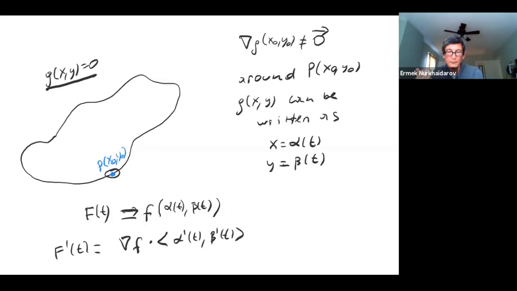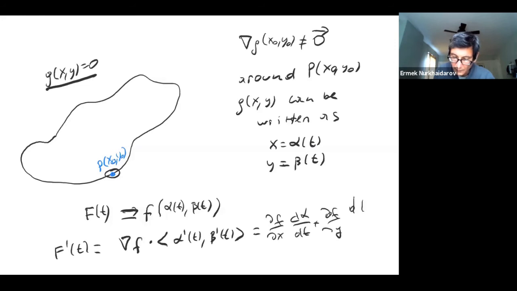Because you remember that's going to be the partial derivative of f with respect to x times d alpha dt plus the partial derivative of f with respect to y times d beta dt. That's exactly what I put here.